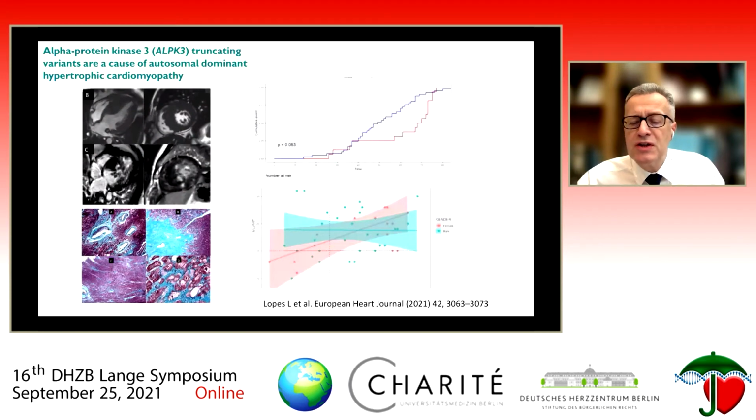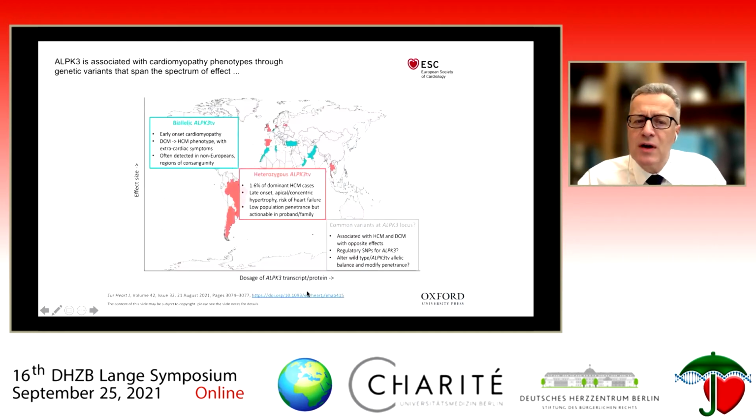The same is true of this gene. This is work from our own group, ALPK3, a protein, the function of which is not entirely clear at the moment. But we've recently described this as a heterozygous, penetrant disease phenotype with severe hypertrophic cardiomyopathy, fibrosis, and heart failure. But it's also described as a common variant in the population, which seems to associate with HCM and DCM.